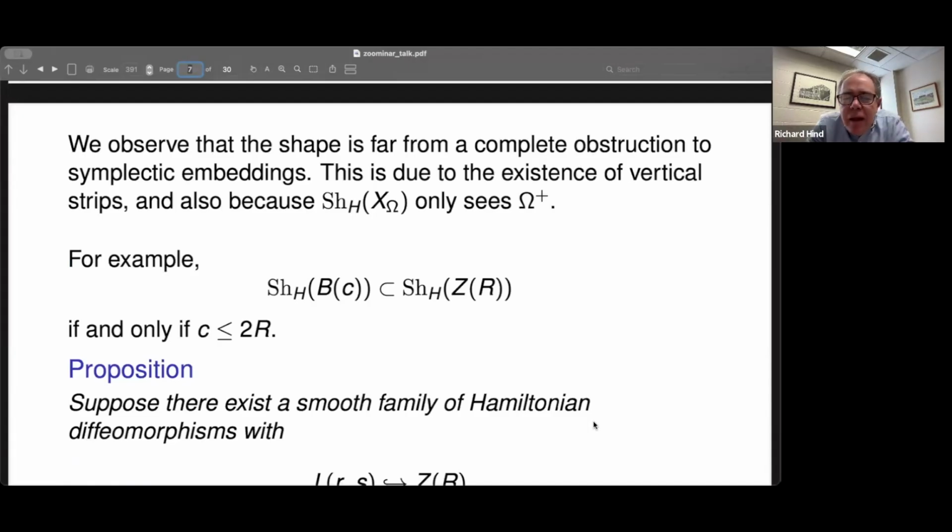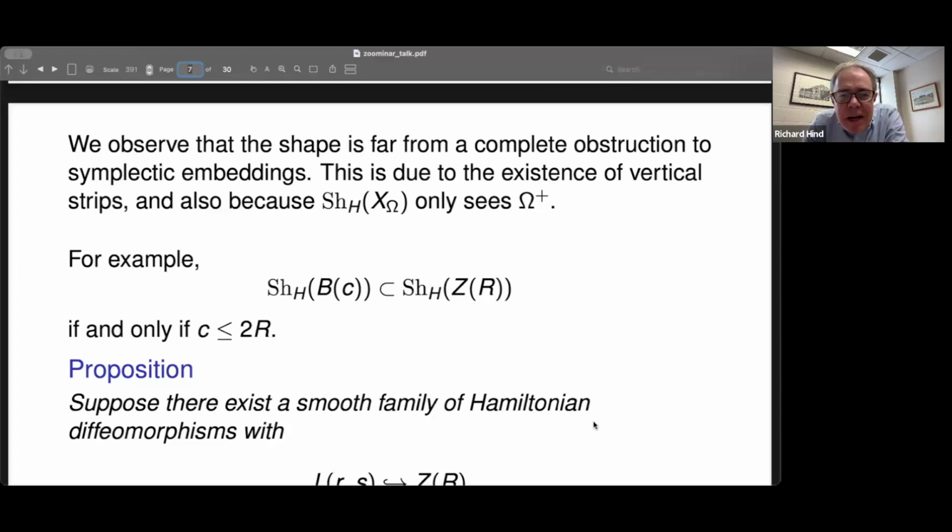For instance, if you want to embed a thin ellipsoid into a ball, the shape that I've got here sees nothing, because the thin ellipsoid would sit purely in the strip part of the shape of the ball. So there are no obstructions to embedding thin domains into rounder domains.